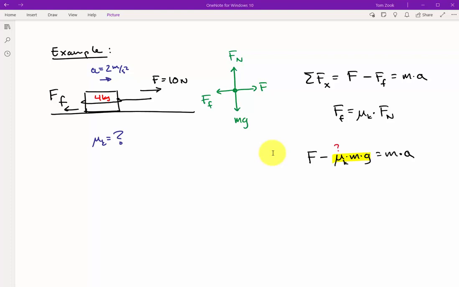I will go ahead and move some things around here. We'd have mu k times m times g would be equal to our pull force minus m times a, and then we can divide by m and g. Now we can put in some numbers and we can calculate an answer.